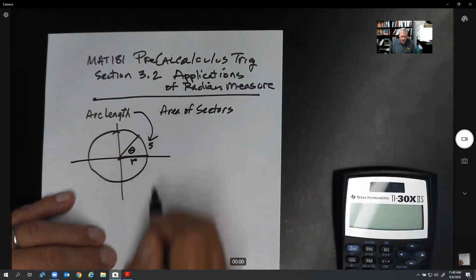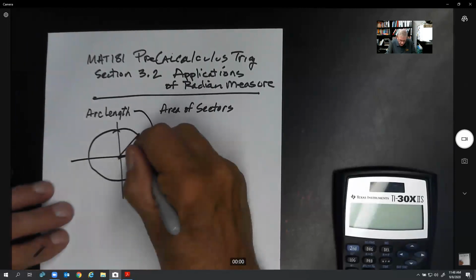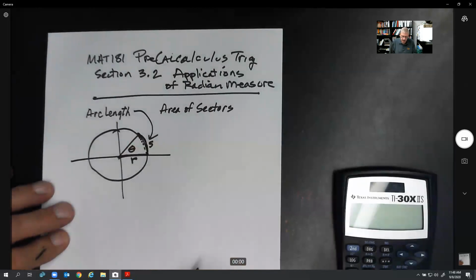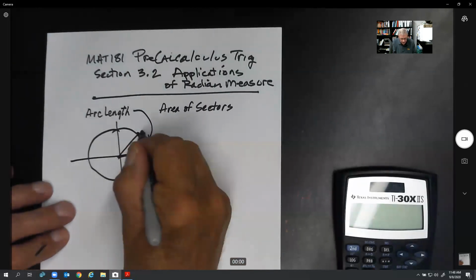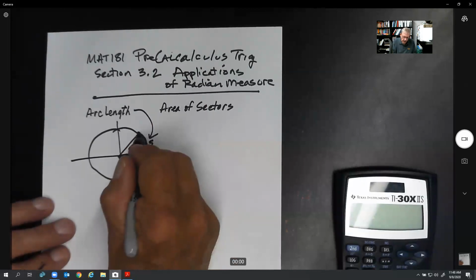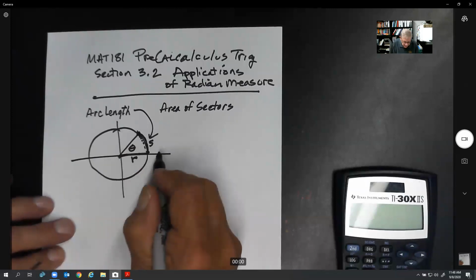This distance we're calling S. It's not exactly a straight line, it's got a little curve to it. We're trying to figure out the length of that piece. Think of this as a pizza: we're trying to find the distance from here to here along the pizza.